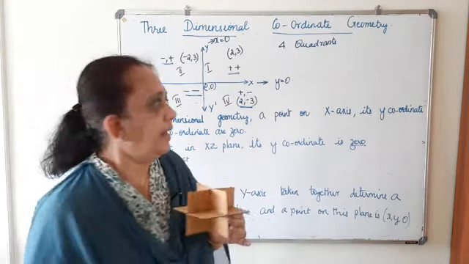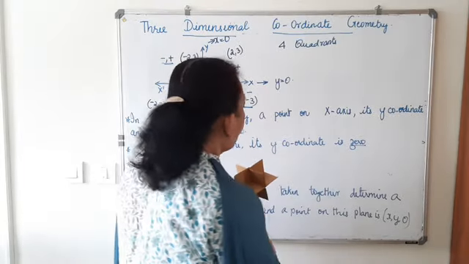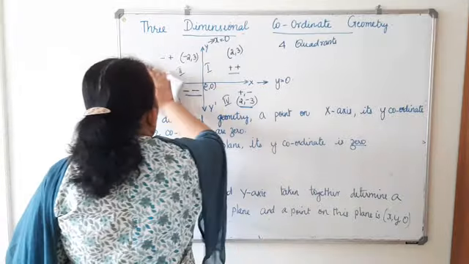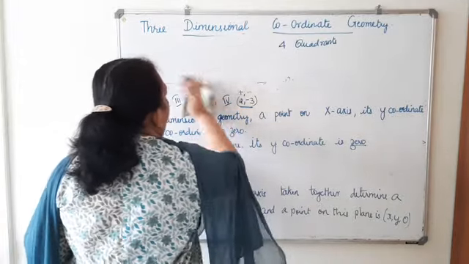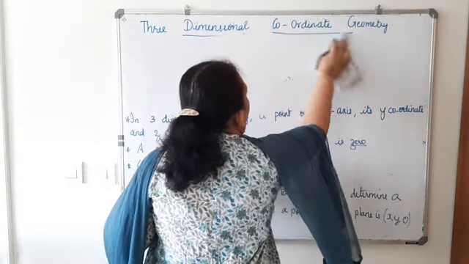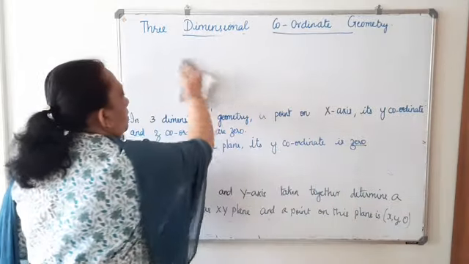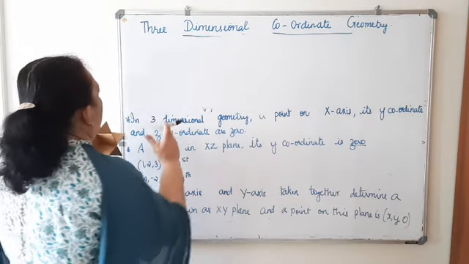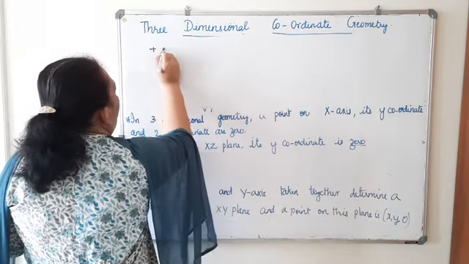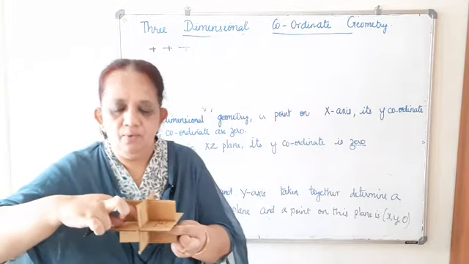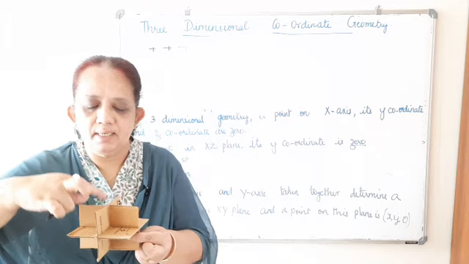So, in the first octant, x is positive, y is positive and z is positive.